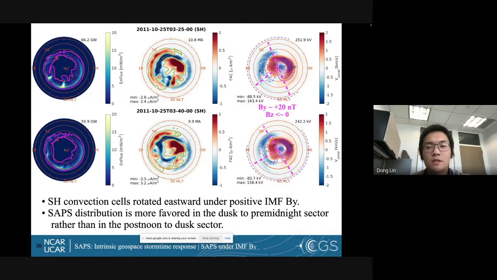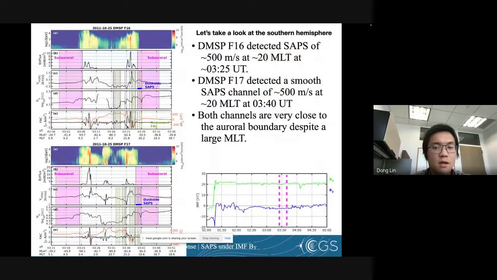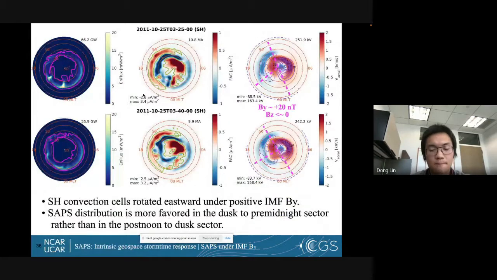So the location of the SAPS moved toward a later MLT. That's why, in this plot, when the satellites were around 20 MLT, they were still very close to the auroral boundary, which is not so typical if you consider the northern hemisphere case.